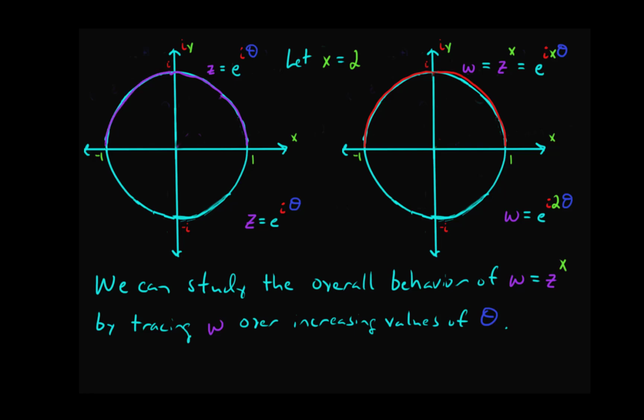By the same logic, if I trace out pi radians as I'm doing on the left side, I'm going to go 2 pi radians all the way around the unit circle in the range of the function. And now that means that if I were to continue increasing theta in the domain, so now I'm going all the way to 3 pi over 2, and then all the way to 2 pi in the domain, I have to go all the way around the circle again in the range. So I'm going to do that here. I'm going to trace out another circle wrapping around here.